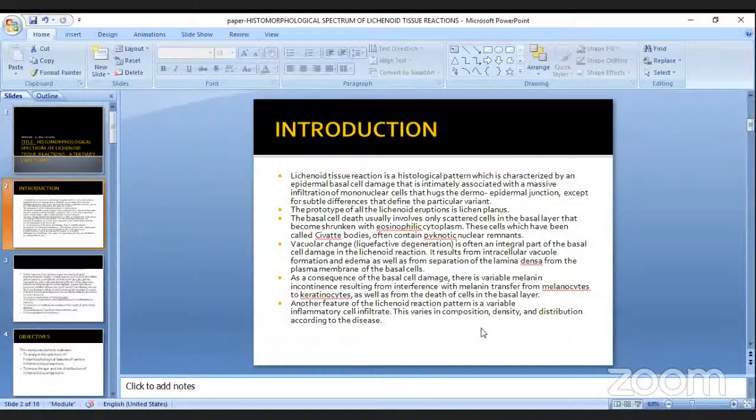Share your screen and your video also. Now it is not visible clearly.